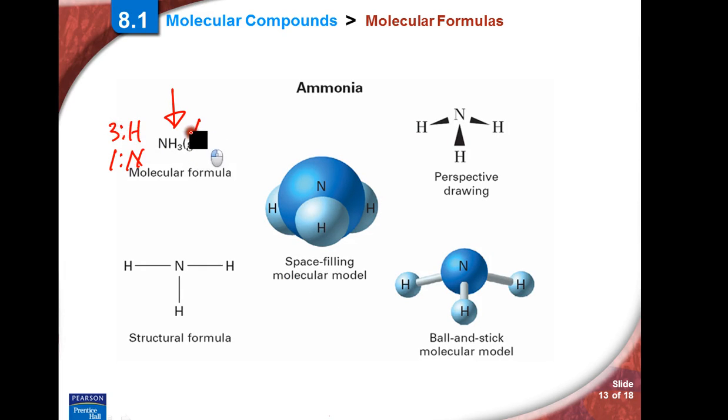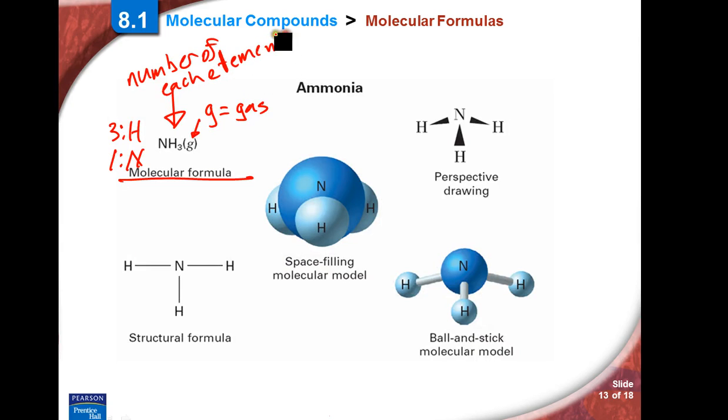And then this little piece here at the end, the g, means that it's a gas. Okay, this is our molecular formula. It gives us the amount, the number of each element in the molecule.